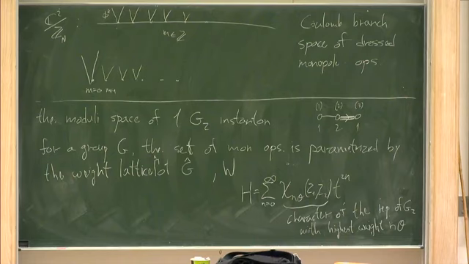So theta is the highest weight for the adjoint representation, and n times theta is just n times this highest weight. Okay. Now I did not mention these m's.